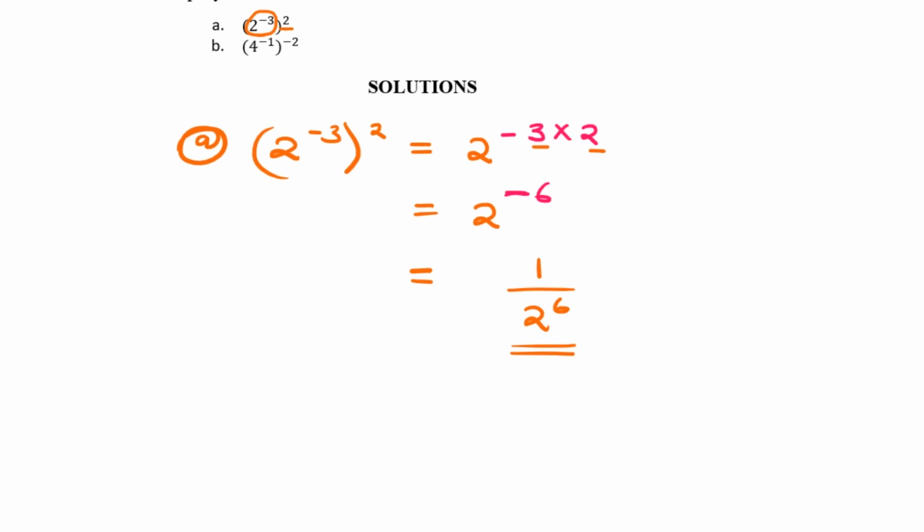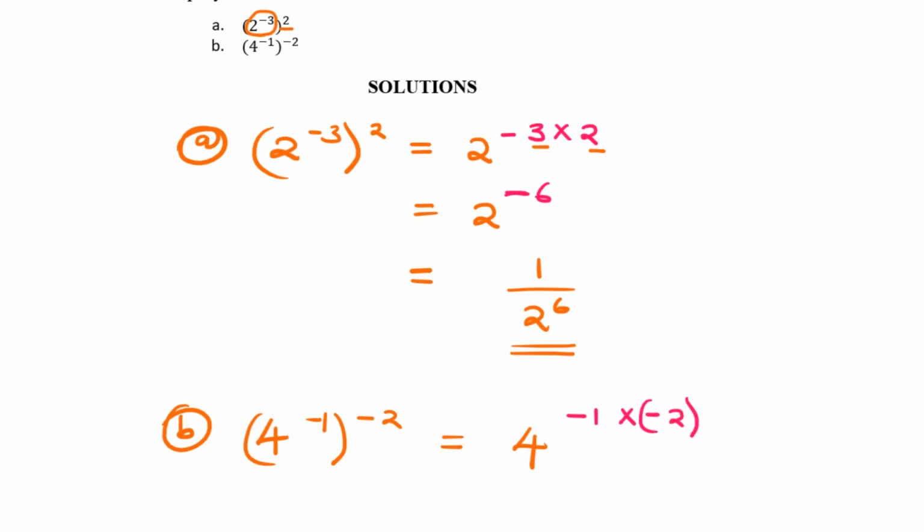You can go to B. For B, we have 4 to the power negative 1, and outside the brackets negative 2. The powers are multiplying, so we have negative 1 multiplied by negative 2.